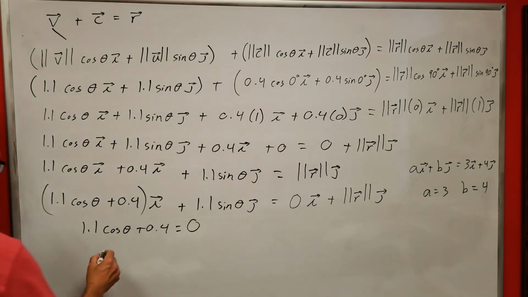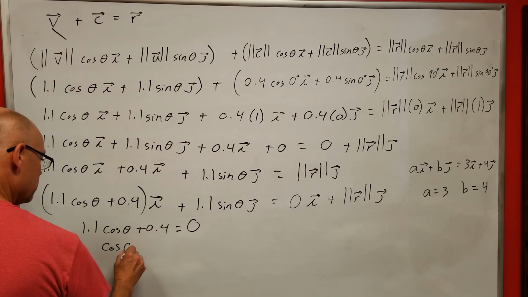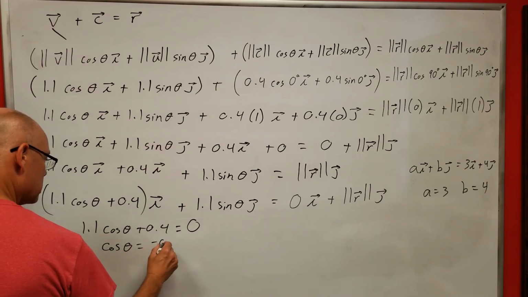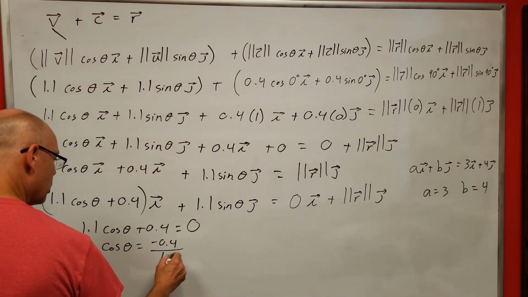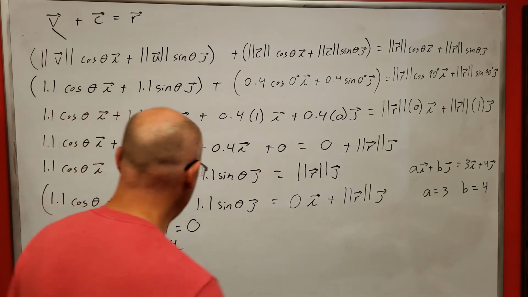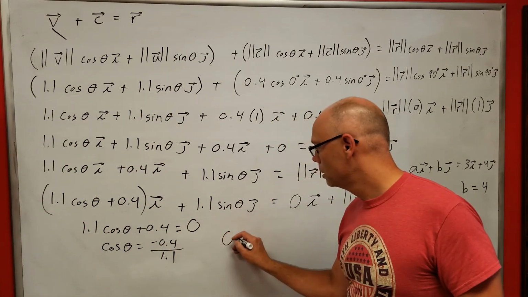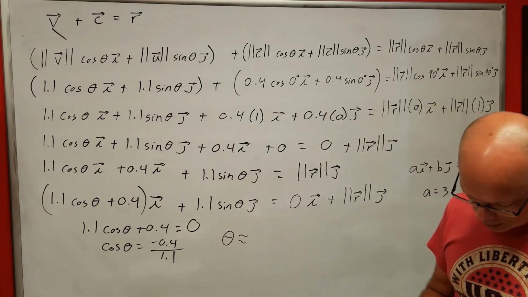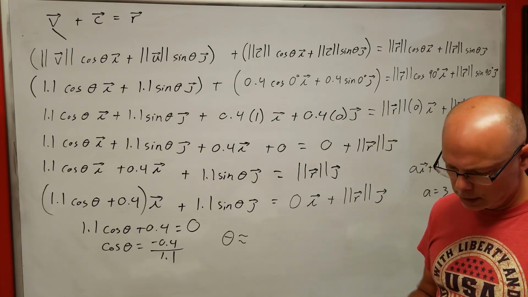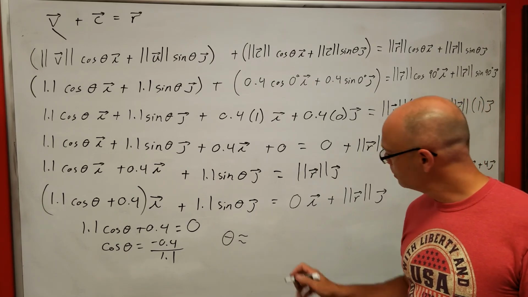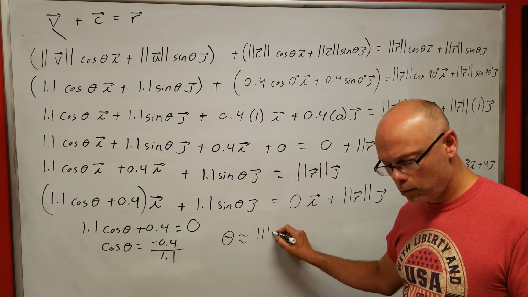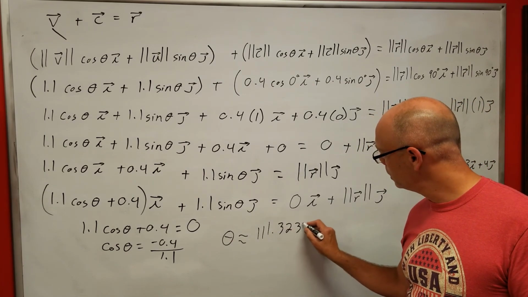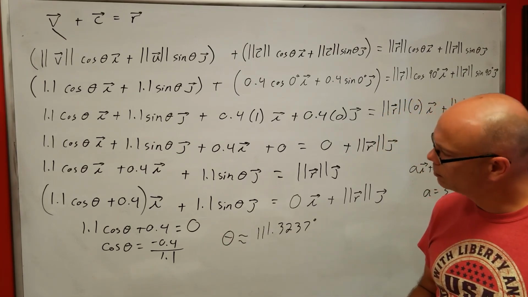Now let's solve this, okay? Cosine of theta is equal to negative 0.4 over 1.1. And then if I take the inverse cosine, what am I going to get here? I'm going to get approximately, oh, I did that somewhere. Approximately 111.3237 degrees, okay?